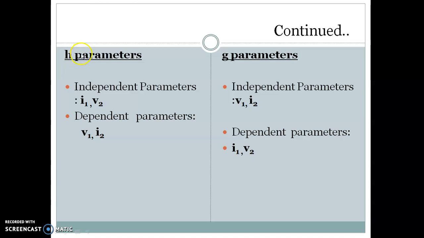Next, the H parameter model. In this model, we take the independent parameters as I1 and V2 and the dependent parameters as V1 and I2. In the case of the G parameter, the independent parameters are V1 and I2 and the dependent parameters are I1 and V2.